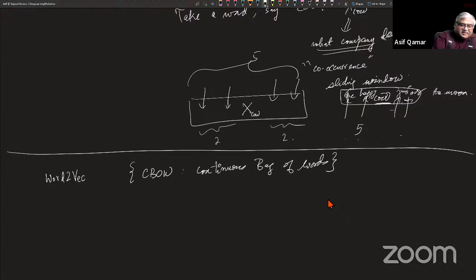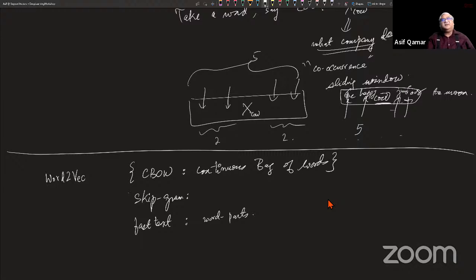The other one is skipgram. The last one is called fastText, which is in the same family as word2vec, though sometimes people consider it a different algorithm. The interesting thing that it does is it doesn't use words, but it uses word components, parts, in an interesting way. We'll talk about it. But they're all very related algorithms.